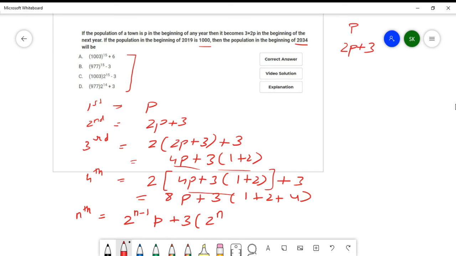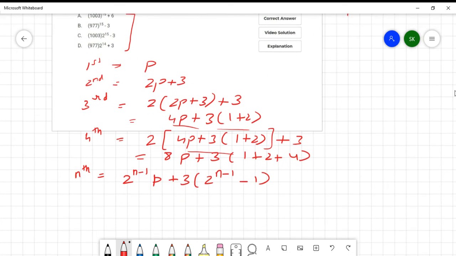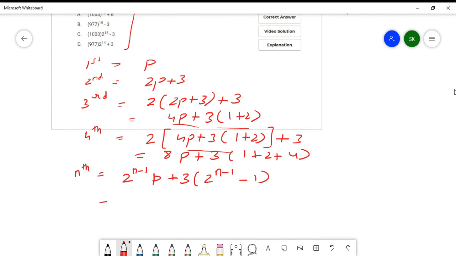Plus 3 into (2 raised to the power n minus 1, minus 1). Now solving it more, we get the nth term as 2 raised to the power n minus 1 into (P plus 3), minus 3. Now this is the nth term.